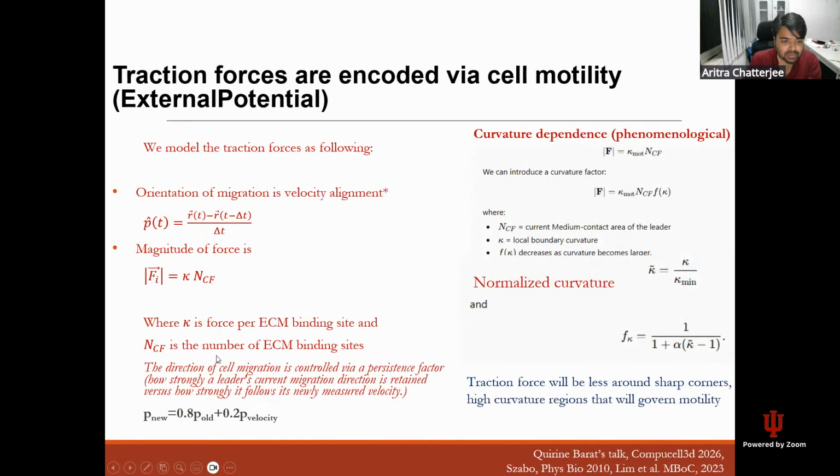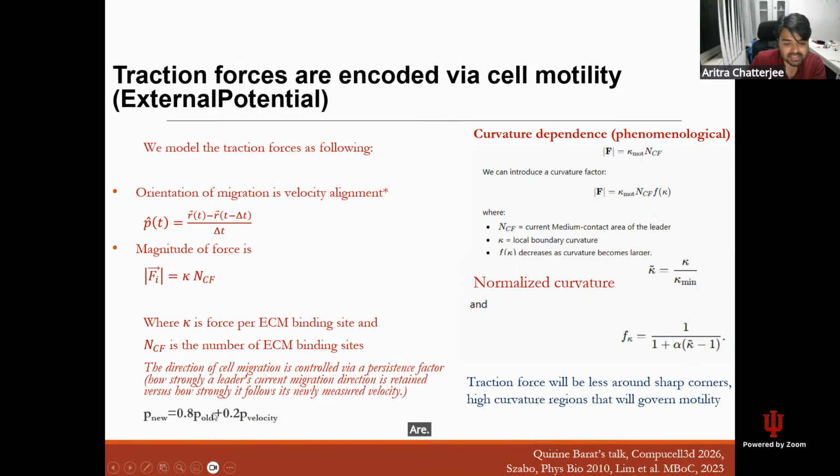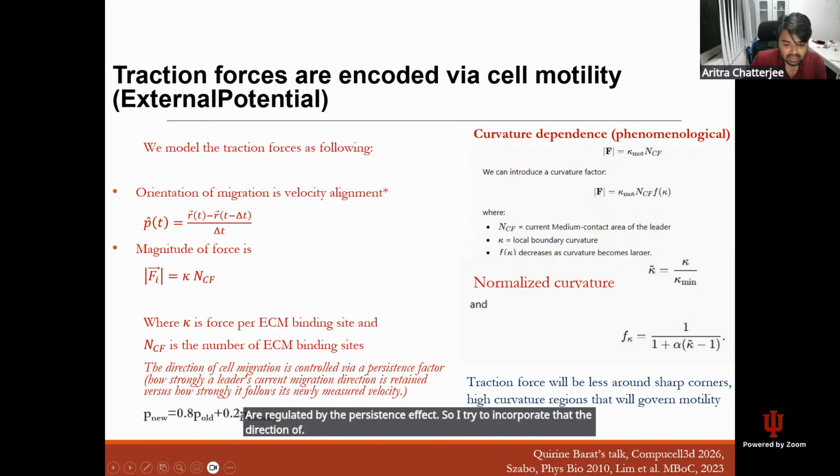So this part is basically taken from Corinne Bradstock, but I also had a chat and discussion with Pedro, where he suggested that the migration behaviors are regulated by this persistence effect. So I tried to incorporate that the direction of this force can be affected by this persistence parameter, where P depends on the weightage factor I assign to the old and the new.